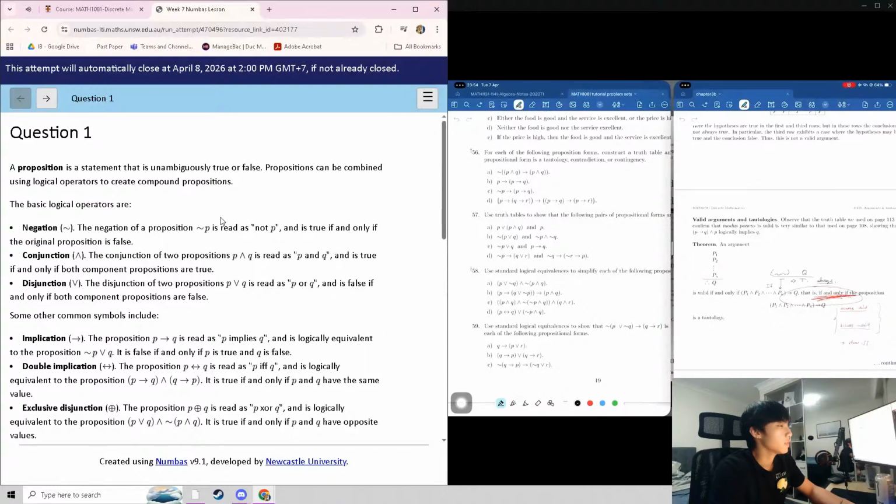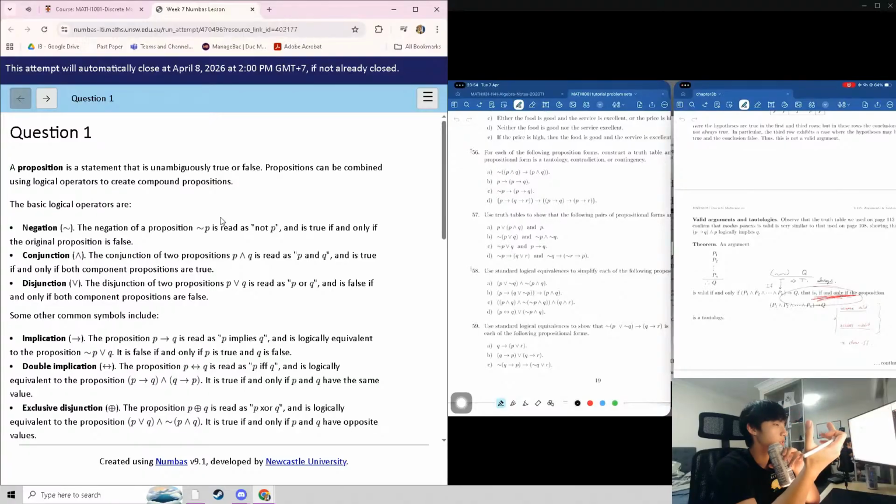The negation of a proposition P is read as not P. And not P is true if and only if the original proposition is false, right?